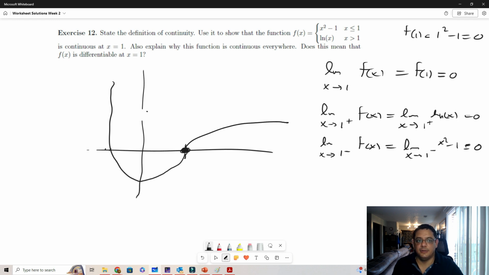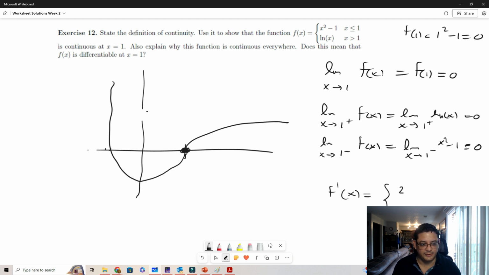Now, when they ask me if the function is differentiable at x equals 1, it's a different question. And there are multiple ways of approaching this. One of the ways would be by analyzing what the derivative is, which is something you can do once you have the definitions of derivatives.